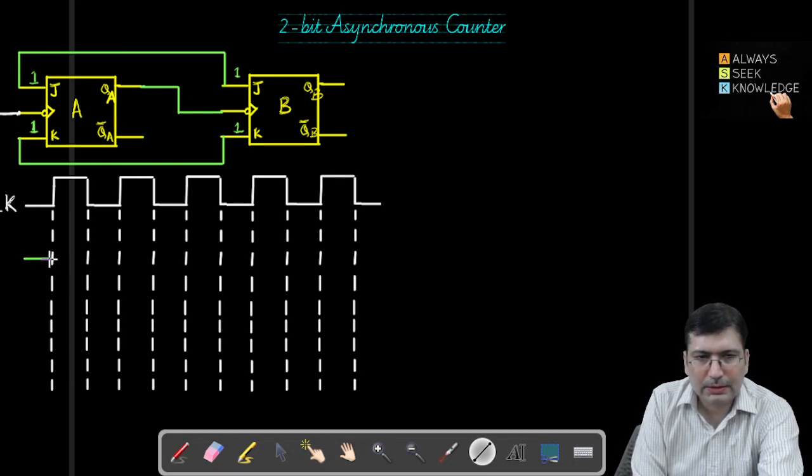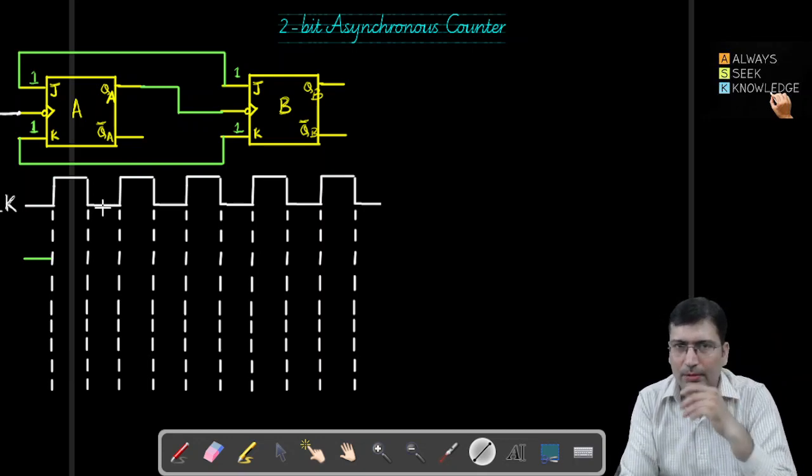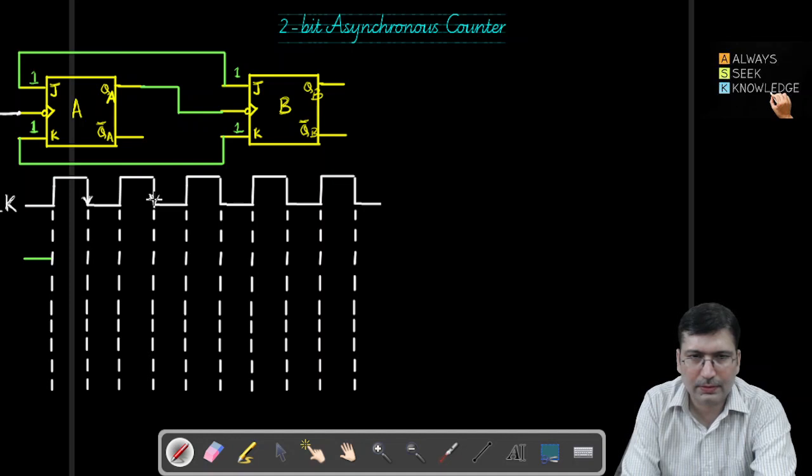Now because these flip-flops are negative edge triggered, we need to highlight the negative edges, because whenever a negative edge is encountered, the flip-flop state will toggle. Negative edges are when the voltage moves from high to low. So this is a negative edge, this is a negative edge of this pulse, this is also a negative edge, high to low here.